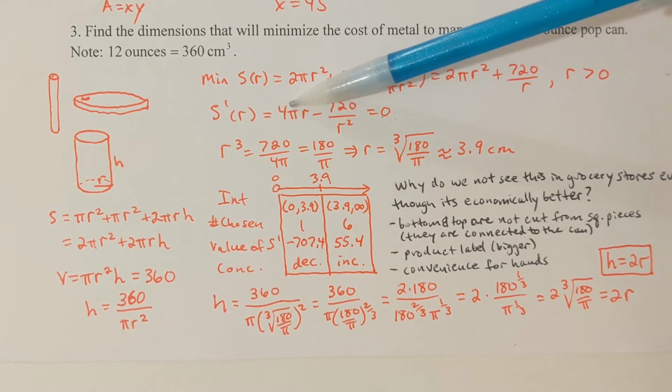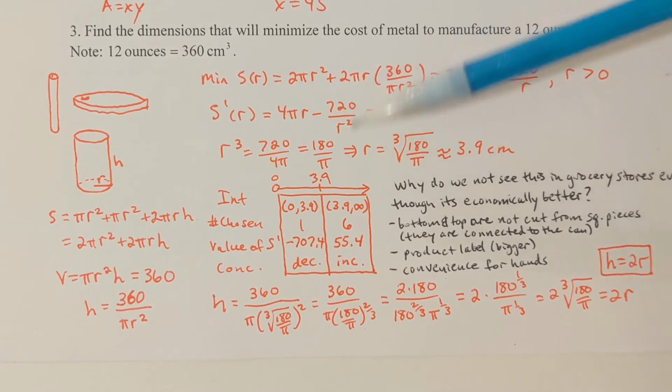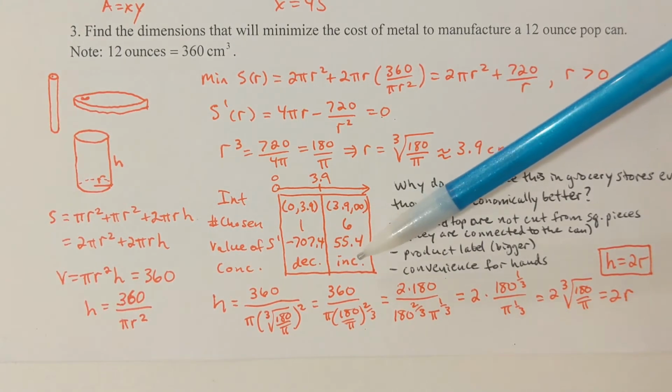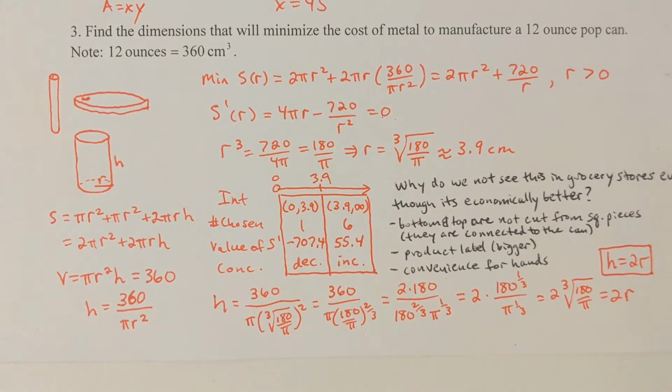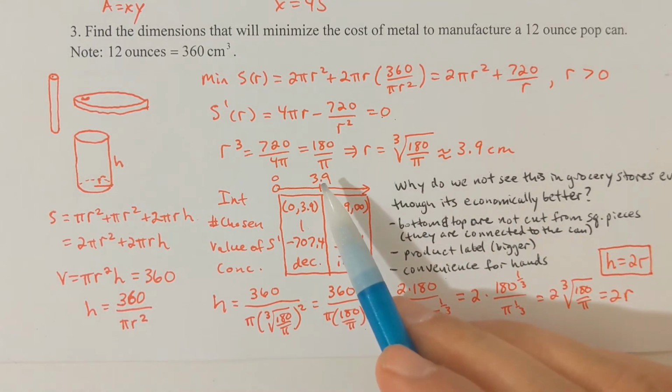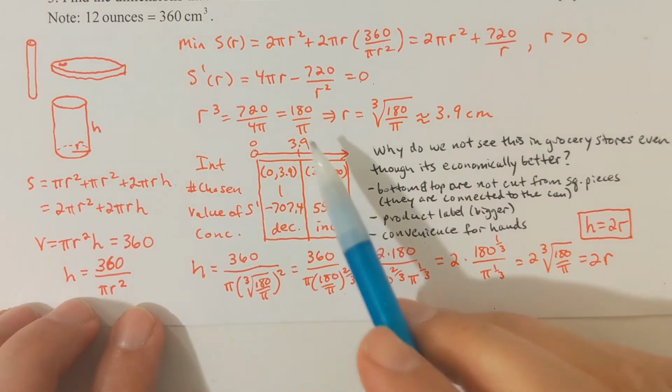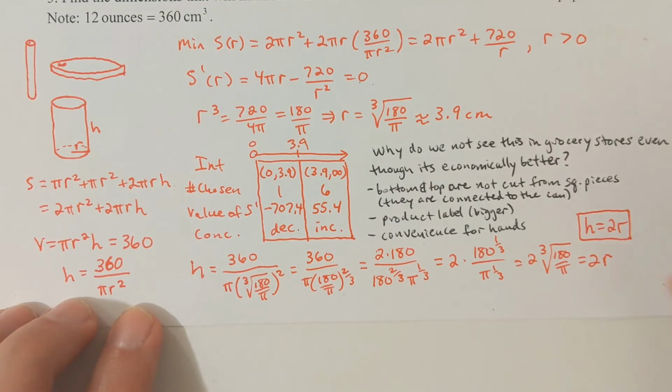Right, so you've got something bigger than 20 minus 20 is going to produce a positive number. It'd actually be 55.4 if you were to check that. Okay, and we're going to be increasing then on that part of the graph. I'm decreasing and then I'm increasing. That produces a local min at r equal 3.9. Okay, so that would be the proof showing that I got the correct number there.